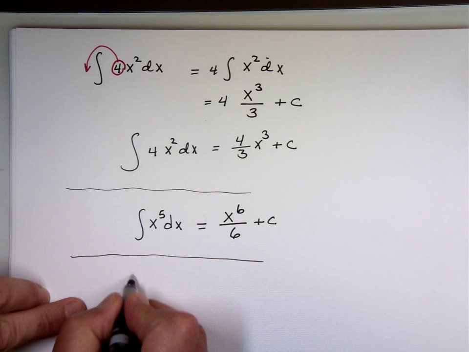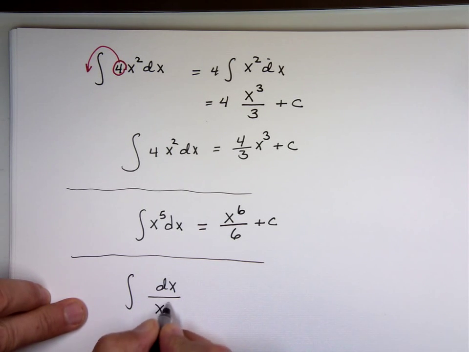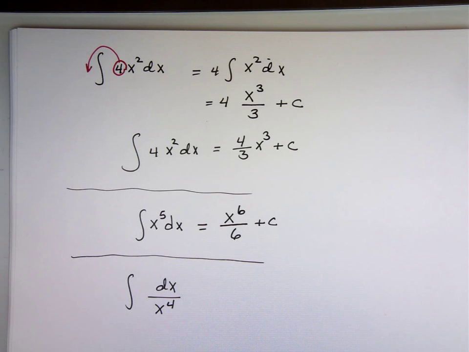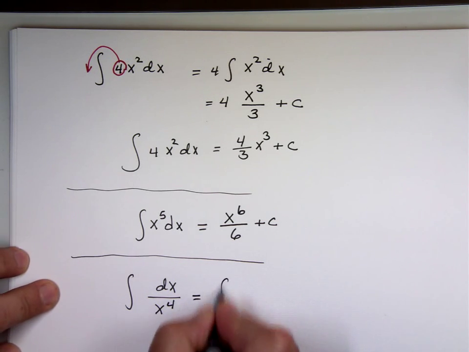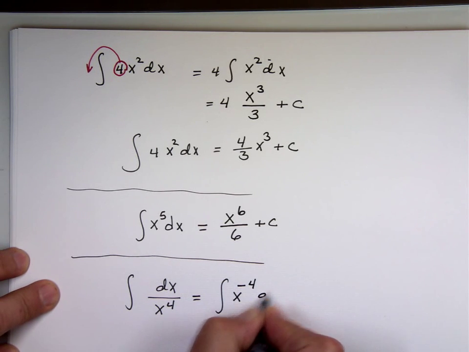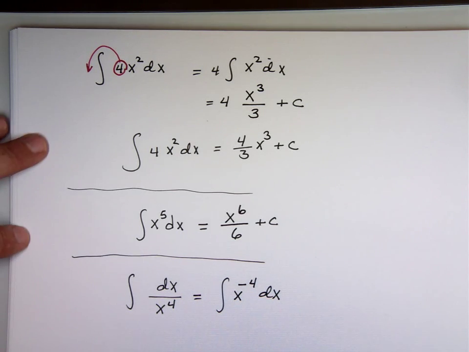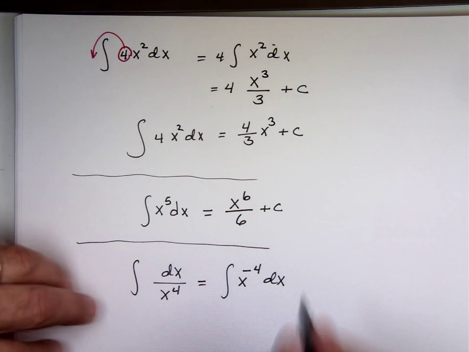What is the integral of dx over x to the 4th? Again, you can rewrite that as x to the negative 4 dx. So let's add 1 to the power and divide by the new power.